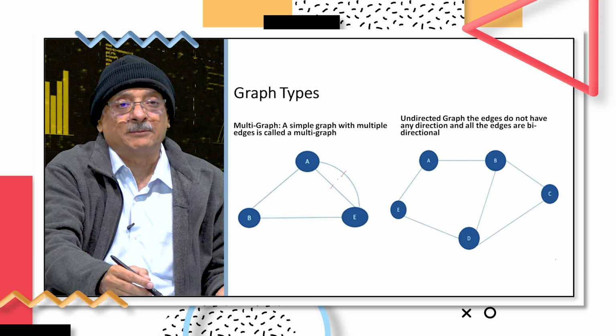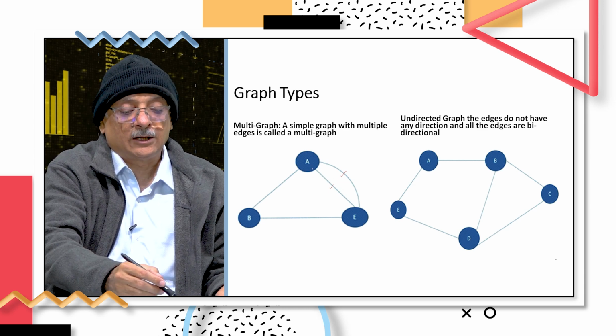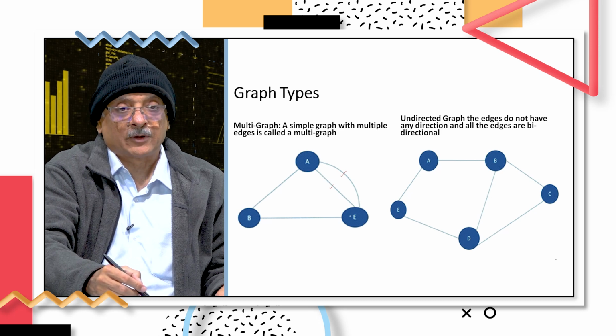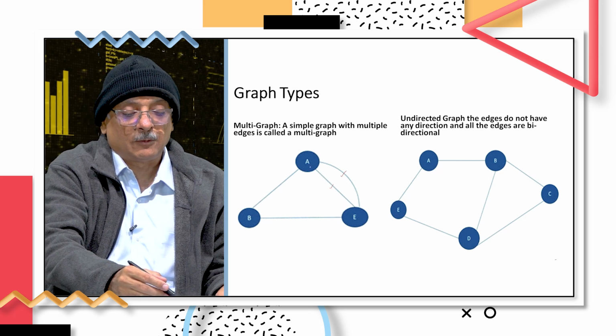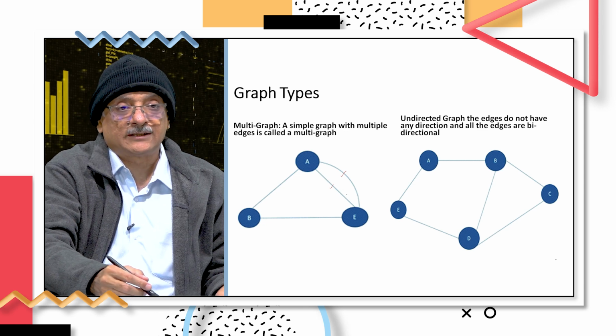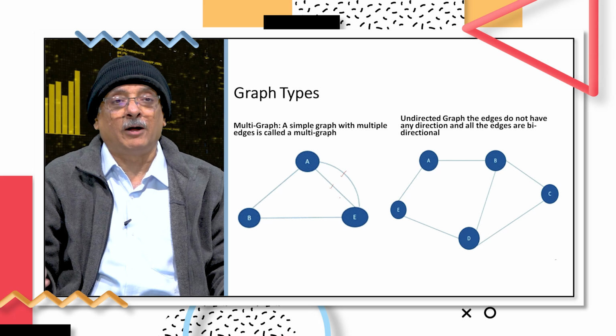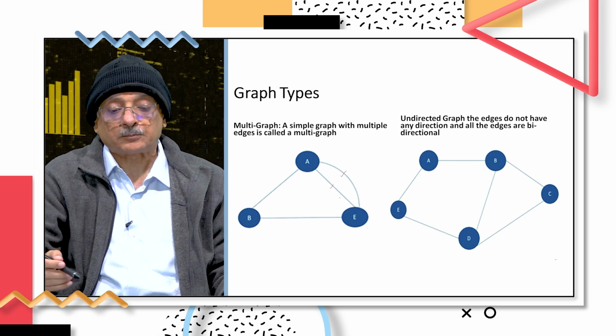This is something like a road network, where there are two paths between a particular source and a destination, for example, from Delhi to Mumbai. There may be two different paths and both will have different lengths. So, that can be modeled with the help of a multi-graph.